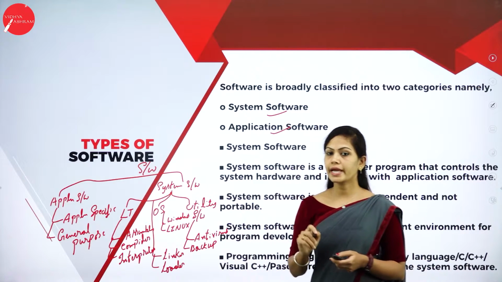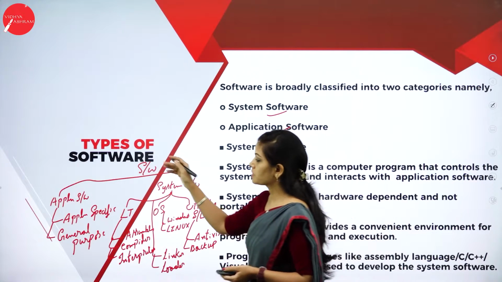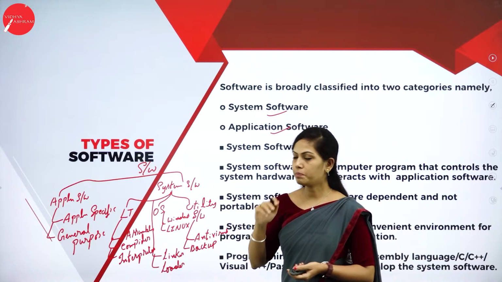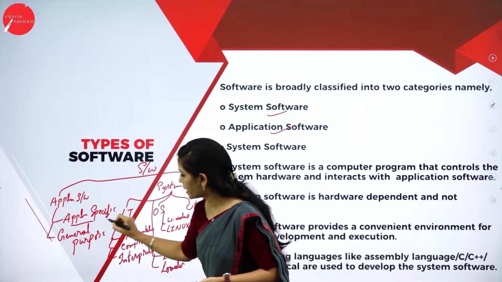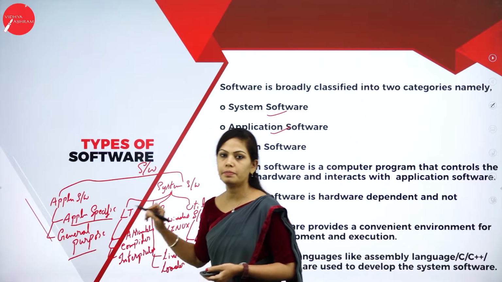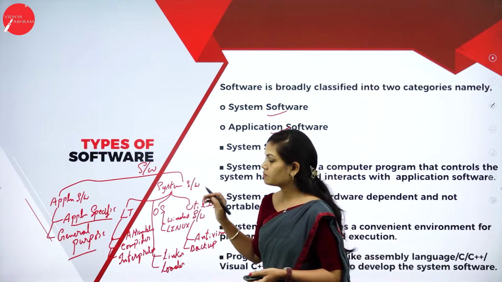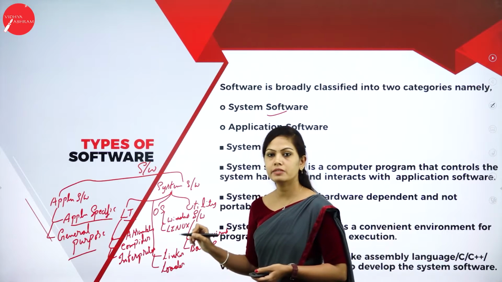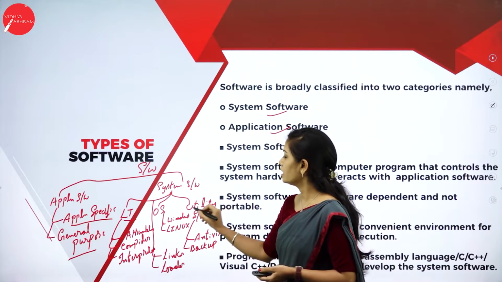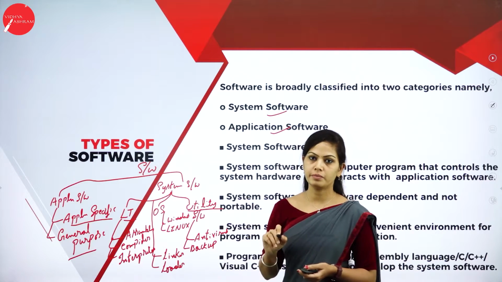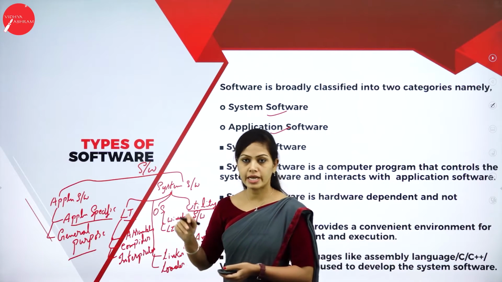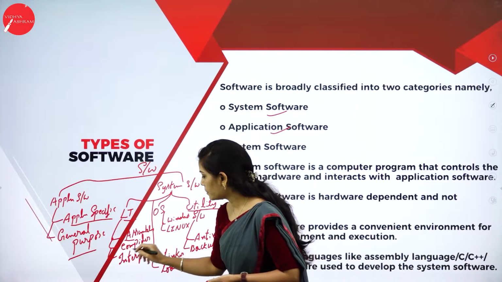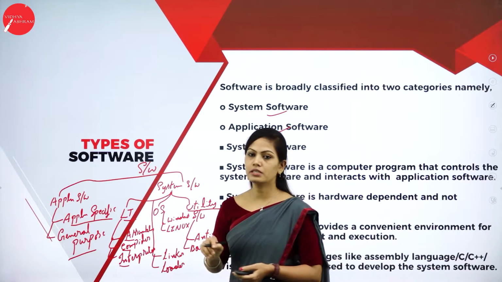So, software can be categorized into 2 types, that is application software and system software. Application software consists of application specific and general purpose. And system software can be categorized into language translator, operating system and utility software. We have different language translators, that is assembler, compiler and interpreter.